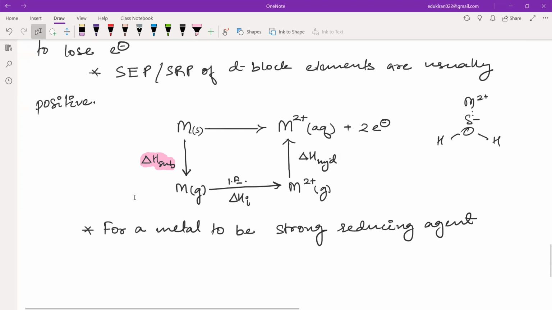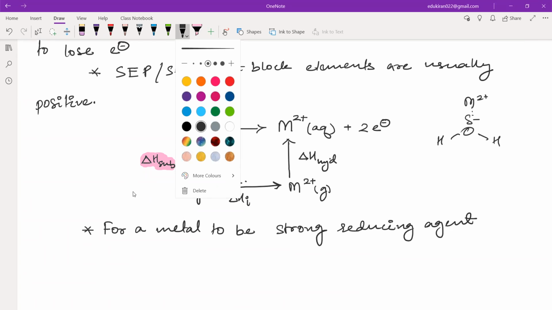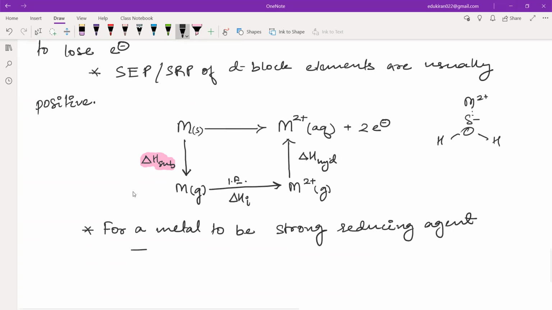If the enthalpy of sublimation is high, will it be easy or difficult to convert? If it is high, then we have to give more energy, so it will be more difficult.